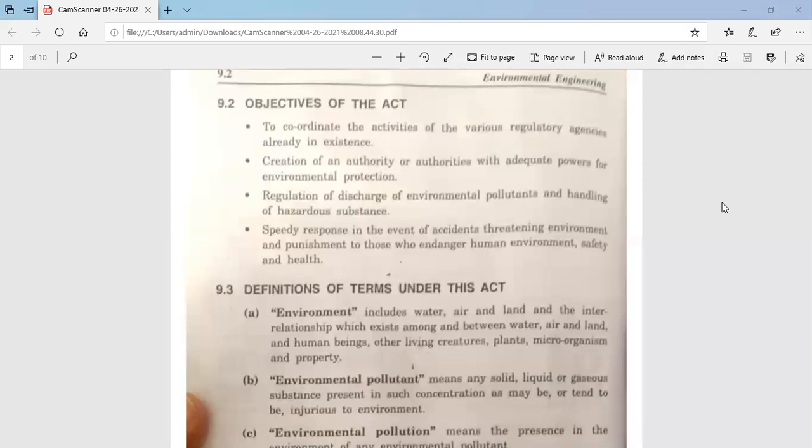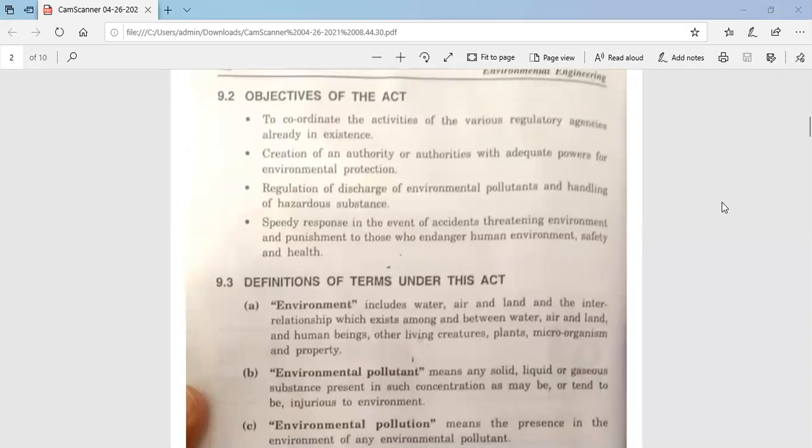Second is creation of an authority or authorities with adequate powers for environmental protection. Third is the regulation of the discharge of environmental pollutants and handling of hazardous substances. And the last one is speedy response in the event of accidents threatening the environment and punishment to those who endanger human environment, safety, and health.